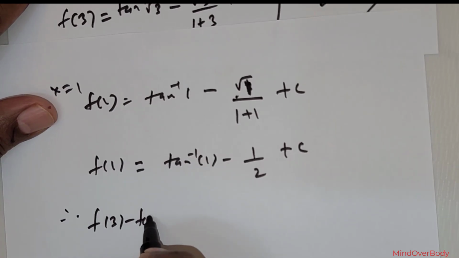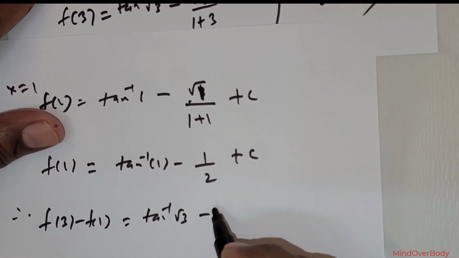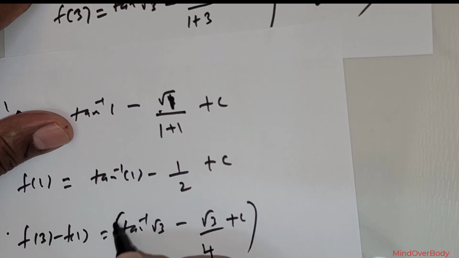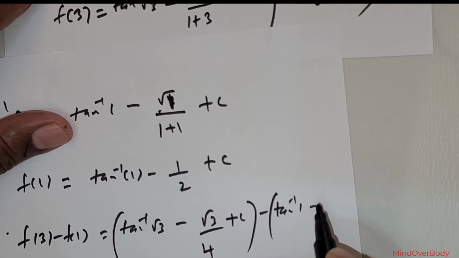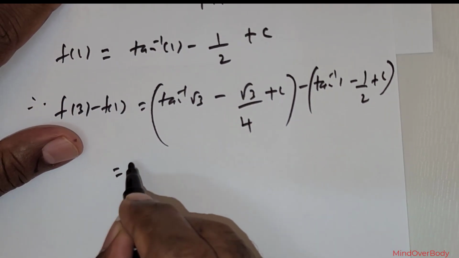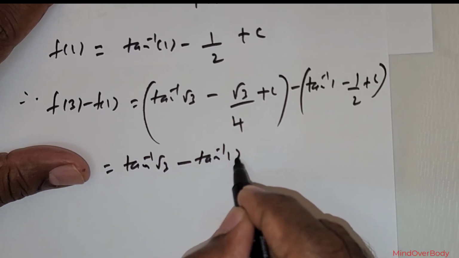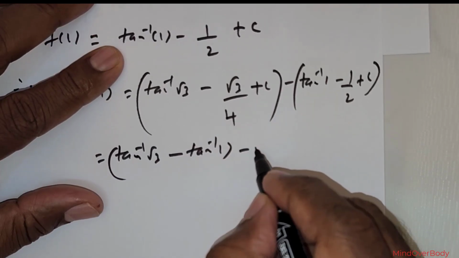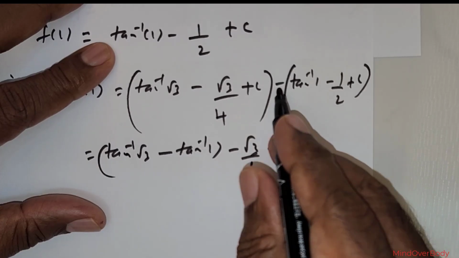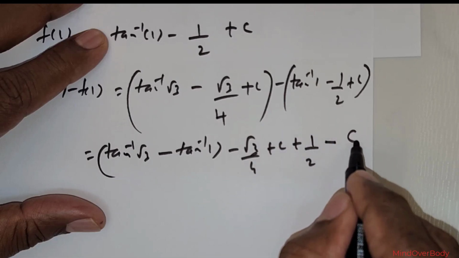So f of 3 minus f of 1 is equal to tan inverse of root 3 negative root 3 over 4 positive c negative tan inverse of 1 negative 1 over 2 positive c. Now this is going to be tan inverse of root of 3 negative tan inverse of 1 and negative root of 3 over 4 positive c negative positive 1 over 2 and negative c.